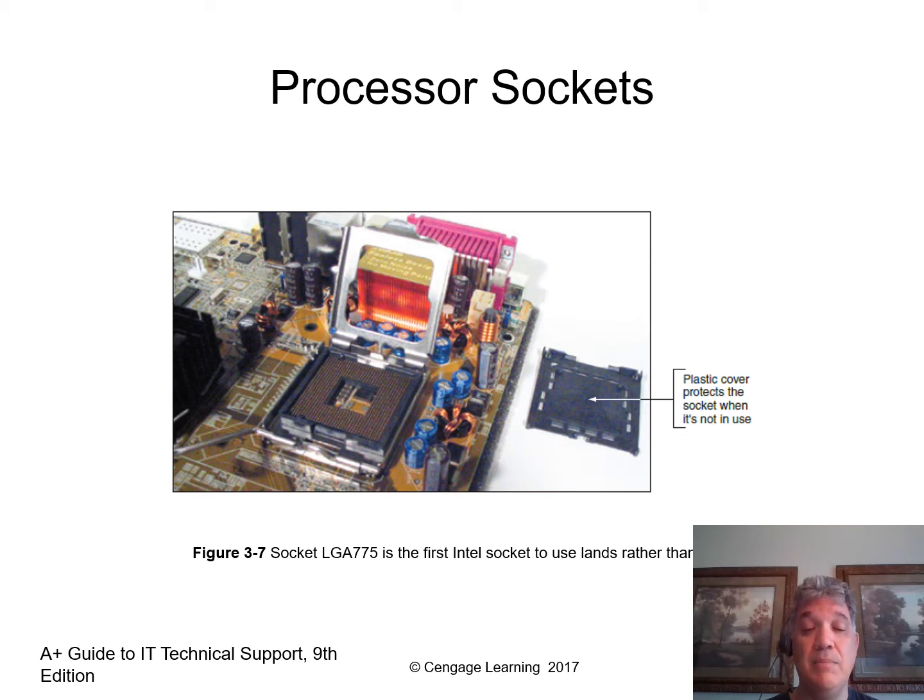This shows an example of the same basic mechanism. It opens up, it's hinged in this case on the back, and the locking mechanism, in the foreground where my arrow is, is a spring-loaded arm, so it holds the CPU securely in place.